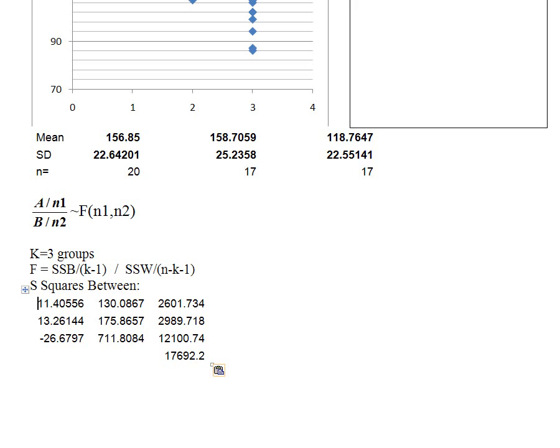The difference between the average of the meat minus the overall average, squared, multiplied by 17. Sorry, this top one was multiplied by 20, and this one by 17, because it's the sum of squares between. So we took the squared difference, and by multiplying by how many there are, it's like we're summing them up, right?